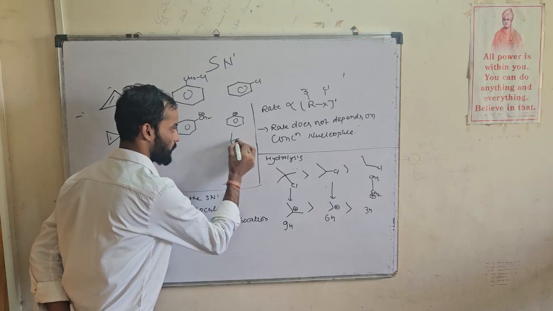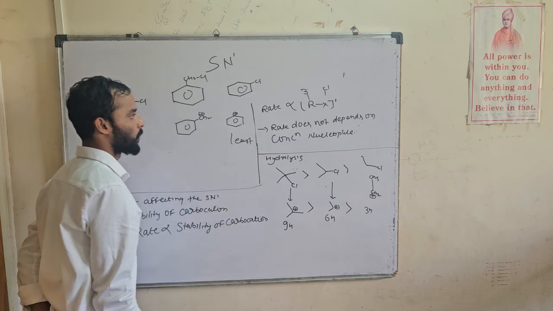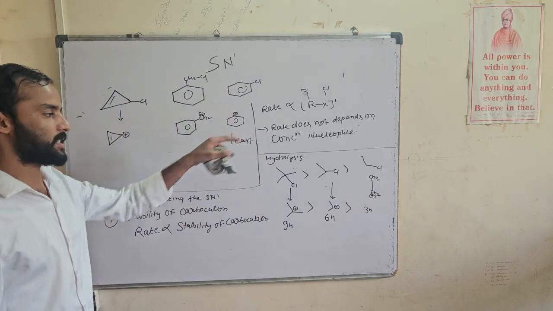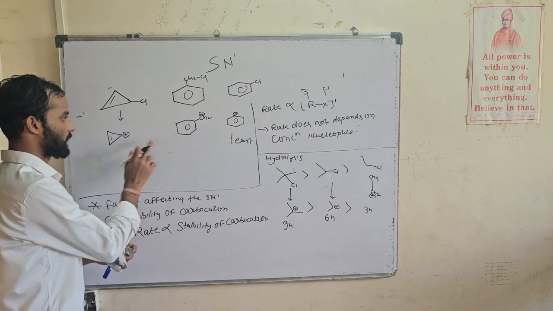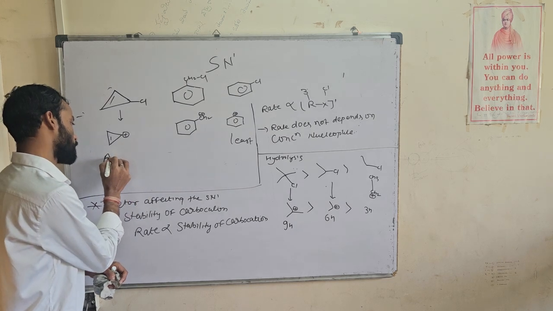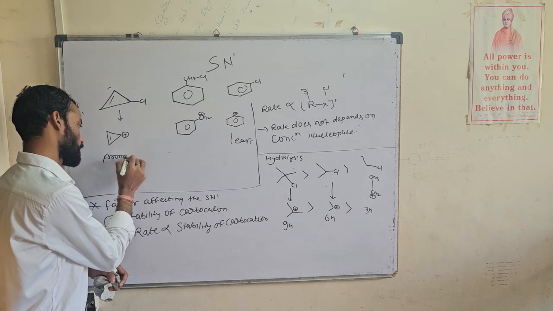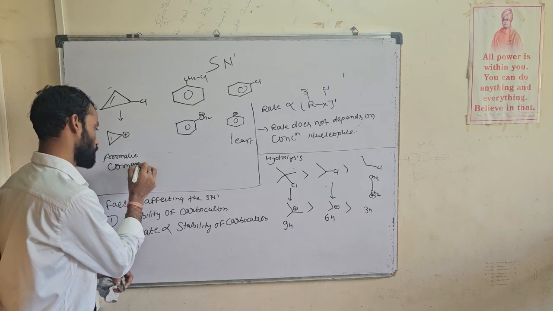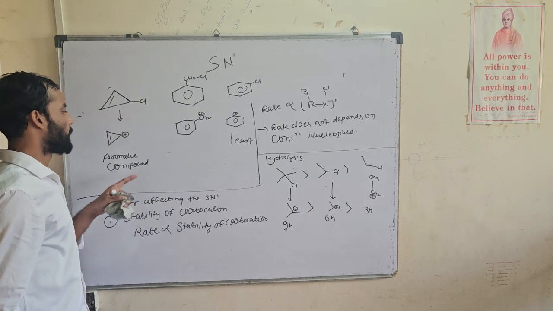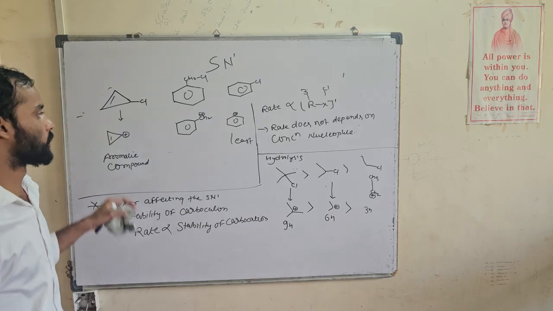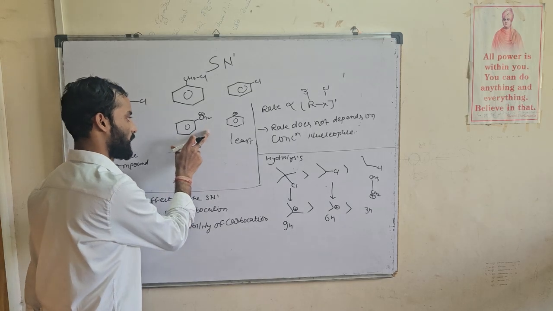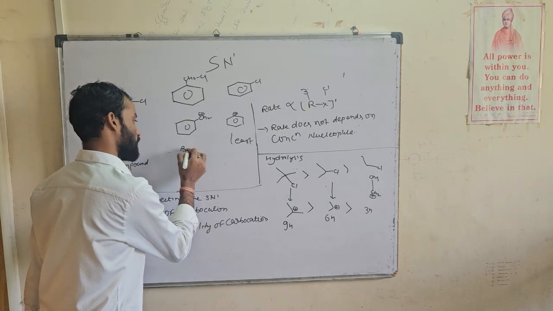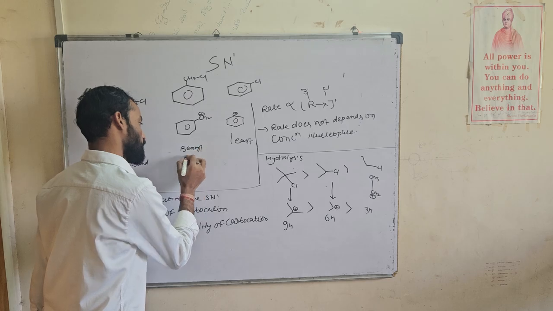This is the least stable because the carbocation is present on the benzene ring. Now of these two, this is an aromatic ion, because it follows Huckel's rule, and this is a benzylic carbocation.